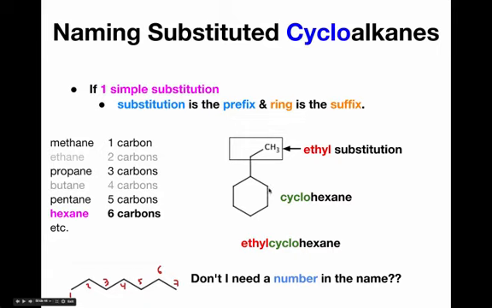They don't have a left end or a right end. They don't have a beginning and an end to the chain. It's just a circle. So it doesn't matter which carbon your substitution is attached to because all of the carbons are more or less identical, and because of that you don't need a number in these types of names. But this is only true if you have one simple substitution.